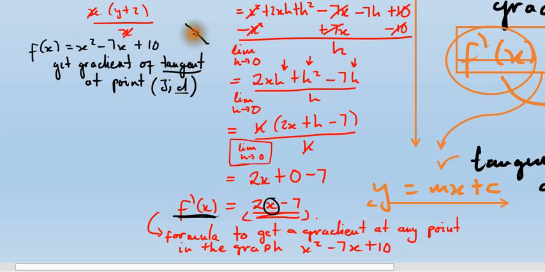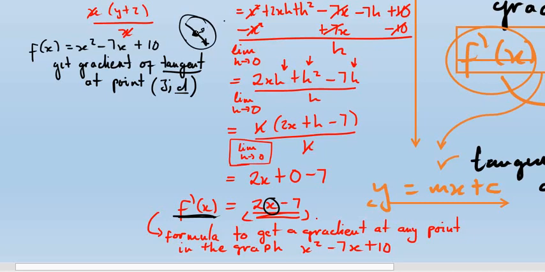So if the tangent touches the point, then the tangent has the same gradient as the point. Notice how we may ask the question. It's either I can say get the gradient for the point or get the gradient for the tangent at the point. But both of them are the same thing because they work together. The tangent passes through that point, so that means the tangent has the same gradient as the point, or if we give you the gradient of the tangent, that means that's the gradient of the point. Take note of that.